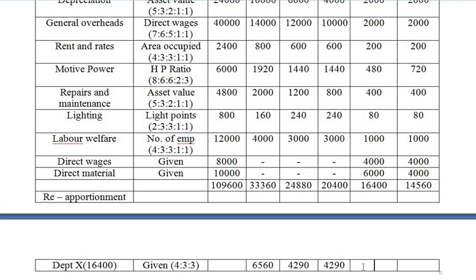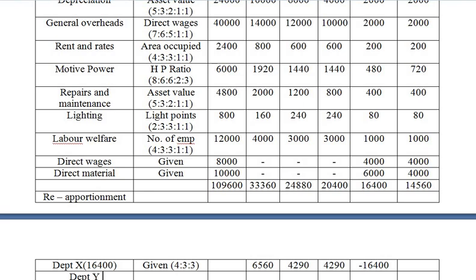Now here minus 16,400, because we have distributed 16,400 to all these departments, and as a service department its total should come to nil. Now next we will come to department Y.